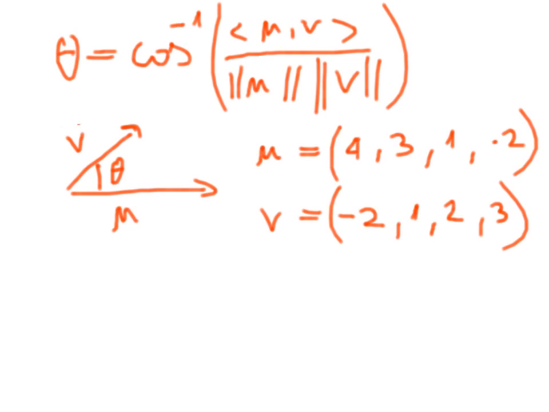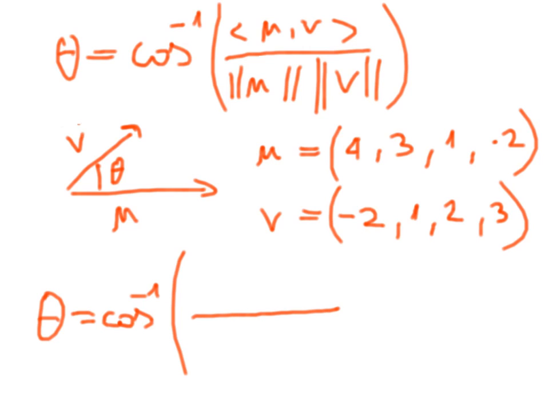You just have to compute theta with this formula, the inverse of the cosine of a ratio, and in the numerator there is the inner product. The inner product is very easy to compute. You just have to take the product of these elements, matched one by one in the same order. So it is minus 8 plus 3 plus 2 minus 6.